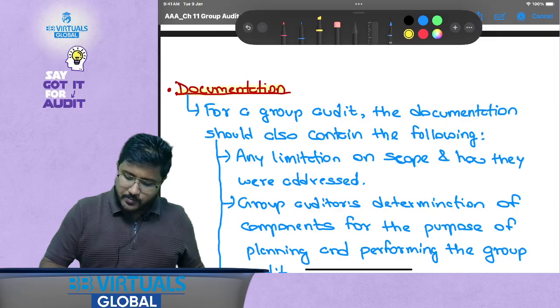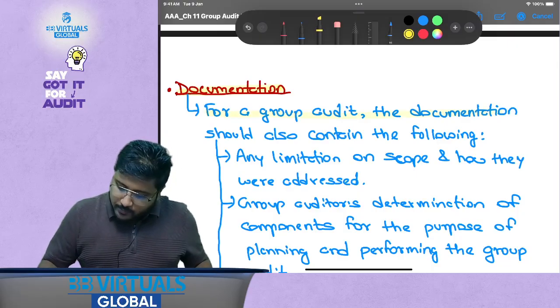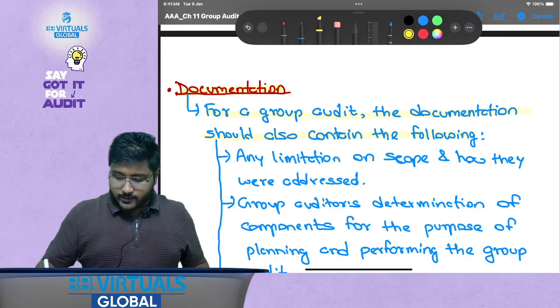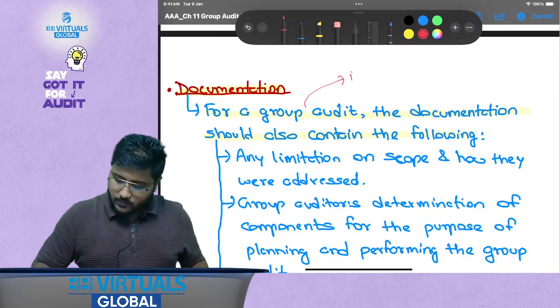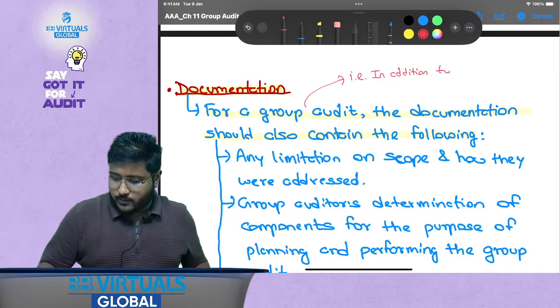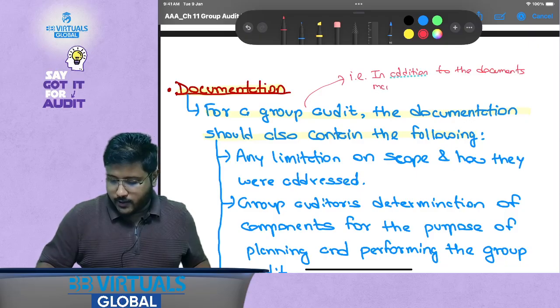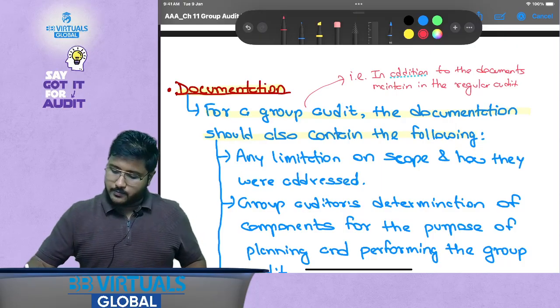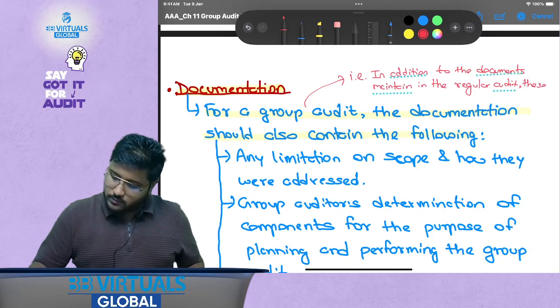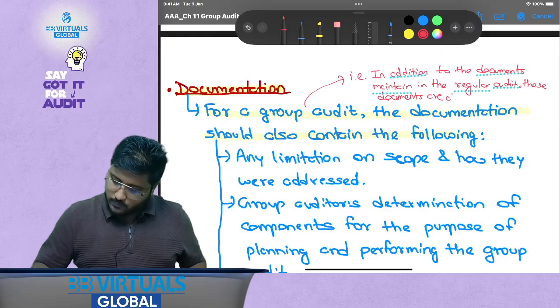For a group audit, the documentation should also contain the following, in addition to the documents maintained in the regular audit. These documents are also maintained.